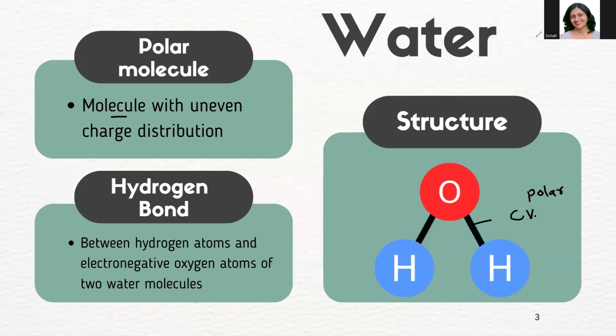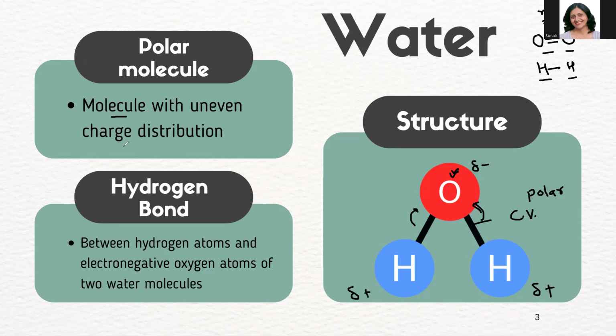If you have both oxygens or both hydrogens, when they form a bond, that is also a covalent bond because it is formed by the sharing of electrons, but they have the same electronegativity. So these are non-polar molecules. But water becomes polar because of oxygen's higher electronegativity. Oxygen pulls the electrons towards itself, develops a negative charge, forming positive charges on the hydrogens.